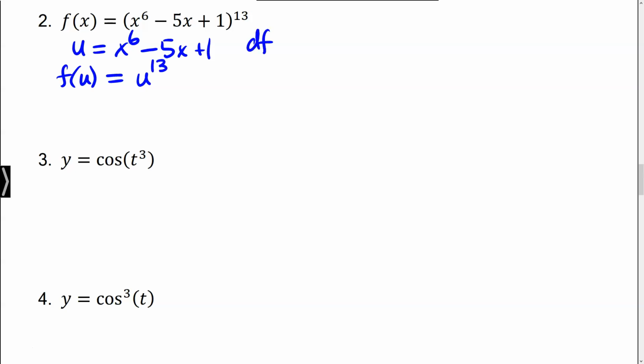We want to find df/dx, which is df/du times du/dx. So df/du is the derivative of f with respect to u. f of u is u to the 13th, so that's going to be 13u to the 12th.